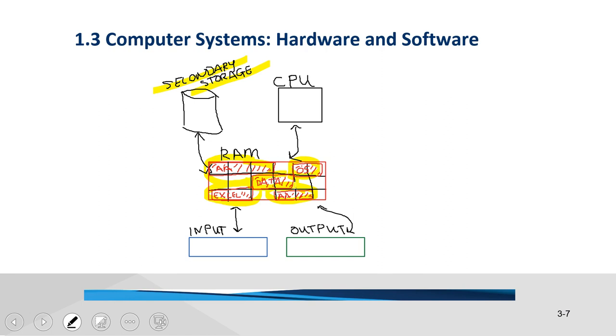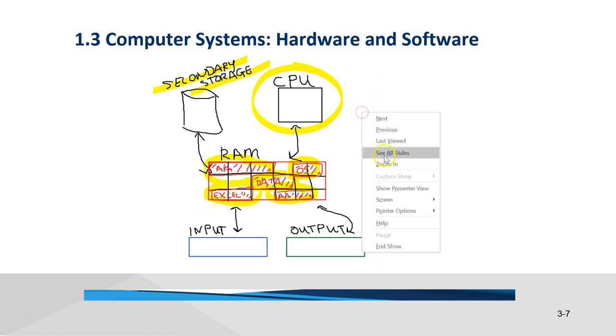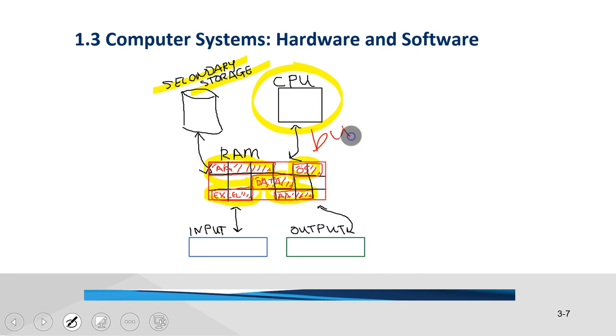When it's time to carry out some instructions and do some processing, those instructions are sent to the CPU via this channel here, which has a special name, the bus. So that's how the RAM and the CPU communicate with each other.